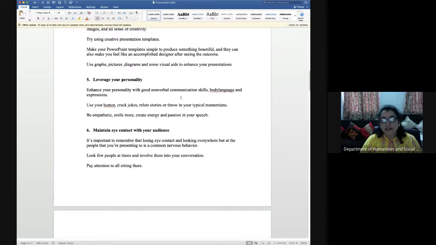So that will increase or improve your personality as well, rather than just being very serious in your talks. अगर आप हमेशा seriously अपना talk देते रहते हैं तो लोगों को ज़्यादा पसंद नहीं आता है, but if you just add a little bit of humor, so people try to enjoy it and they have more attention when you are speaking. Be emphatic, smile is necessary, create lot of energy and passion in your speech.